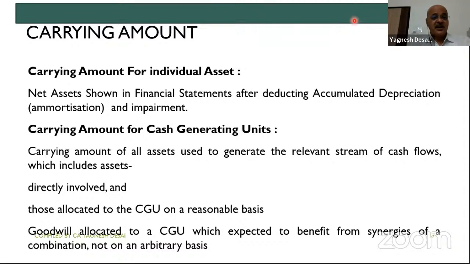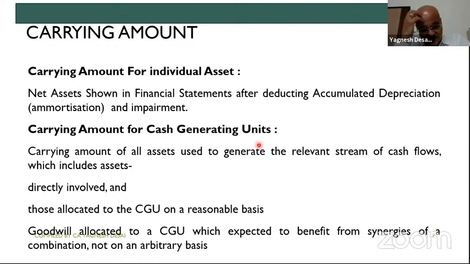All right. Now the carrying amount of an individual asset is the net amount shown in the financial statements after deducting depreciation and impairment; that is nothing but the carrying amount. Now the carrying amount for the cash generating unit is very important. Suppose you have acquired a subsidiary and you paid some money.